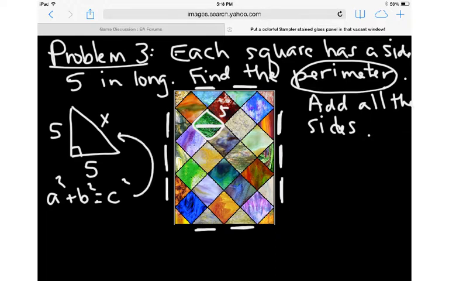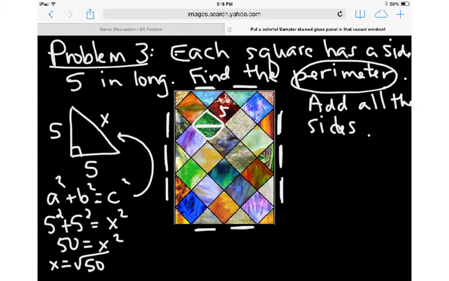This is the hypotenuse. So I'm going to do 5 squared plus 5 squared equals x squared. So 25 plus 25 is 50. And then I have to take the square root of 50.